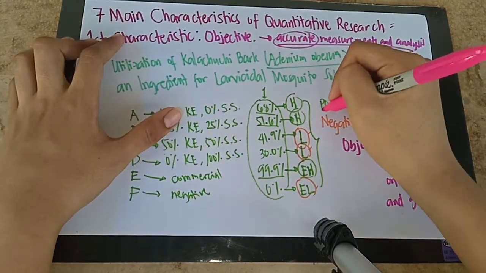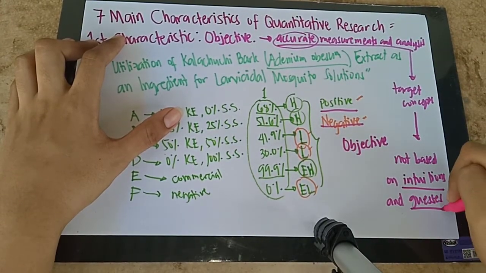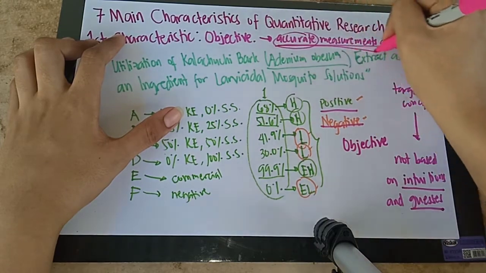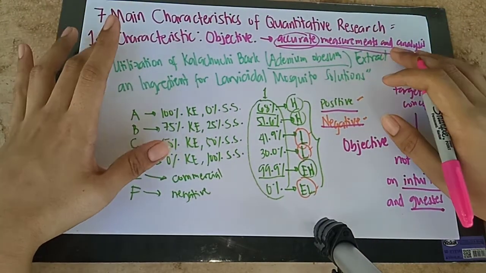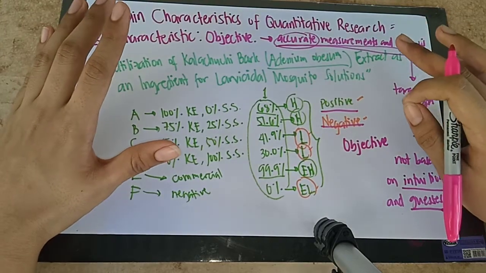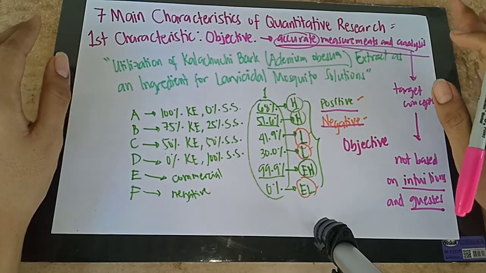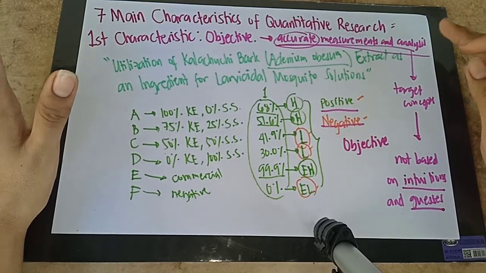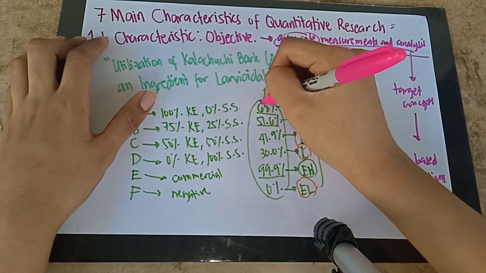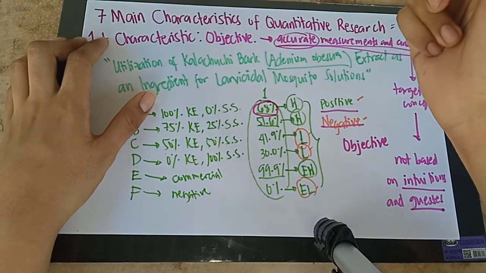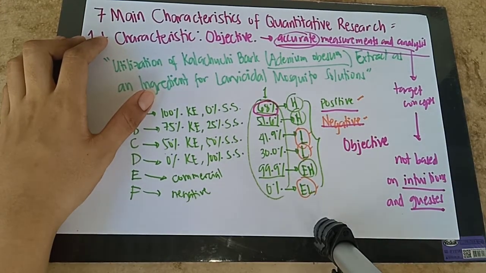It looks at the positive and negative side. It is not based on intuitions and guesses, and it seeks accurate measurements and analysis. And the data gathered in quantitative research will be our conclusion or solution to the problem. So, if we gather this data, this will be our conclusion, no matter how high or low, no matter how positive or negative it is.